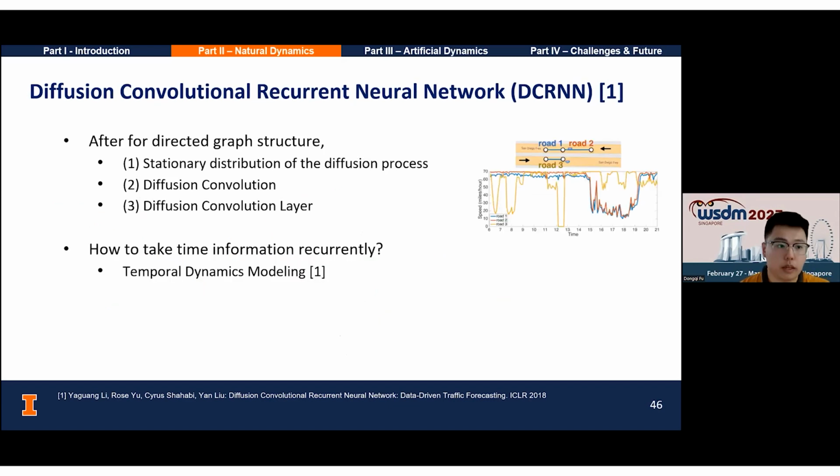After we introduce the directed graph structures with the stationary distribution, diffusion convolution, and its layer, the next question is, how could we take time information recurrently? In this work, a technique called temporal dynamics modeling is proposed.